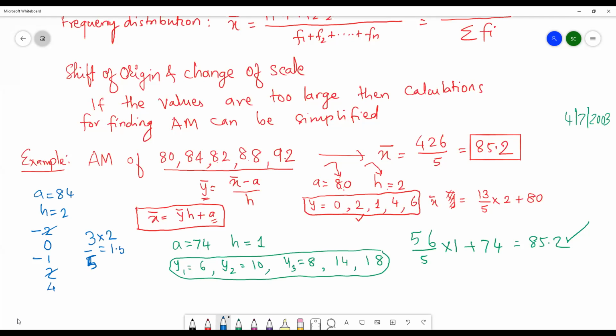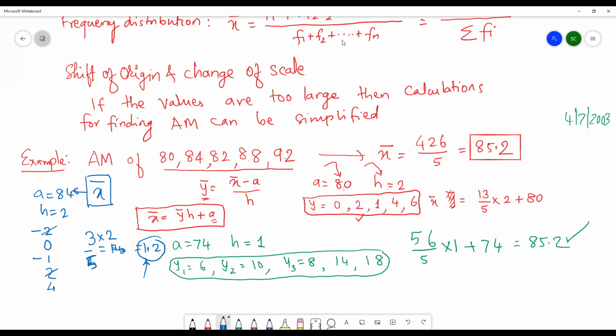Is it 85 point म्हणजे किती होणार ते? 1.2. Yes. So you are doing very small calculations, adding this value to your base value to get x bar very quickly. Idea चांगली आहे, वाईट नाही. I appreciate.